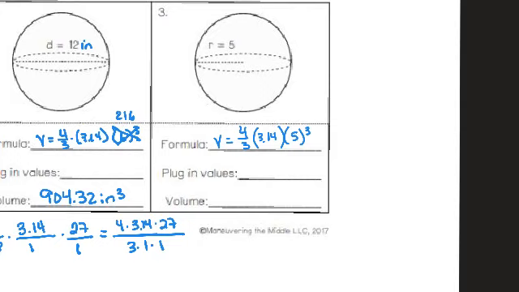Whoops. Just kidding. So 125 times 3.14 times 4 divided by 3 is 523.3 repeating. And we can call this one feet, and we'll say feet cubed.